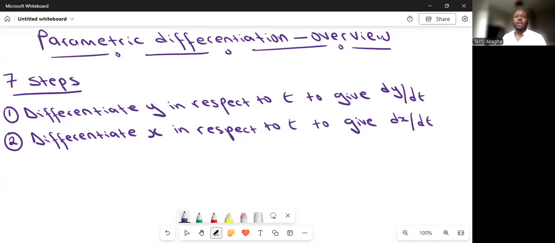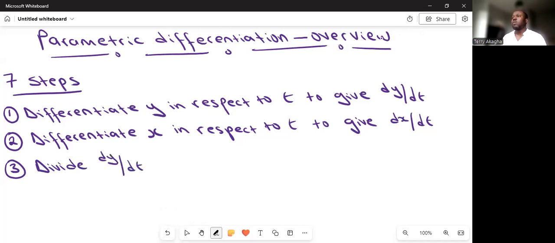Then number 3, when you're done with that, you now divide dy over dt by dx over dt. So you divide the dy over dt from step 1 by the dx over dt from step 2.